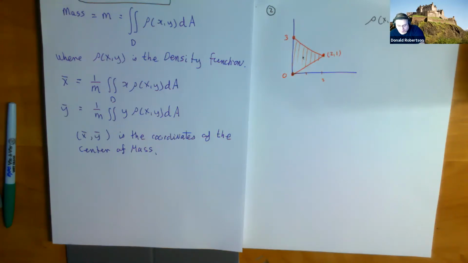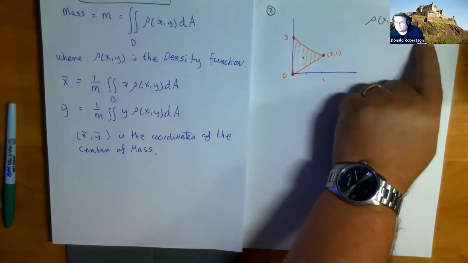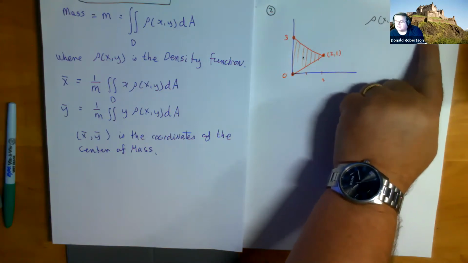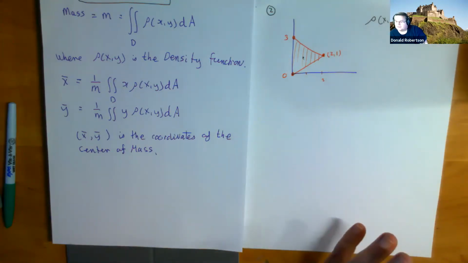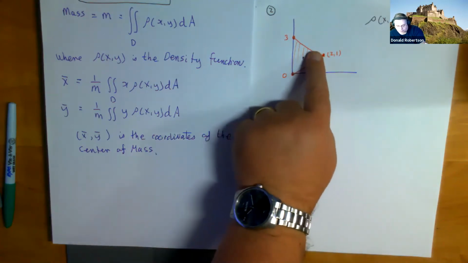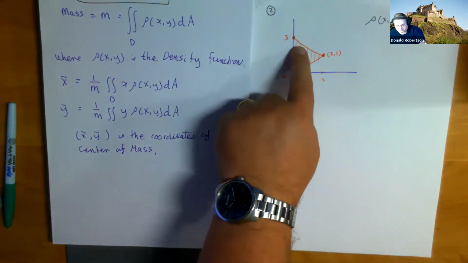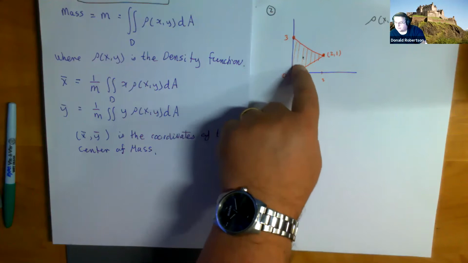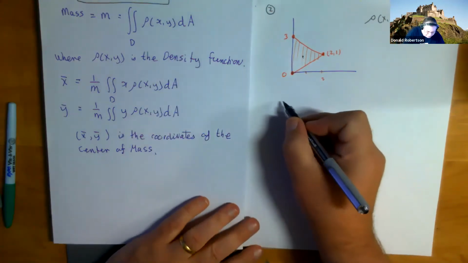Now, will it be there? Probably not, because in this density function, can you see that as x and y increases, the metal gets denser? So this piece of metal is quite dense at the corners here and maybe up here, and less dense at the origin. So how do we start it?